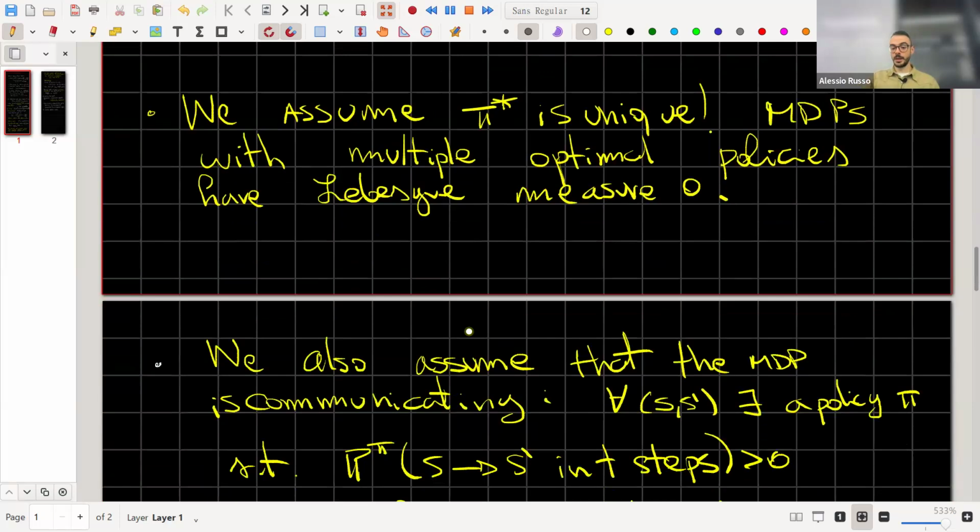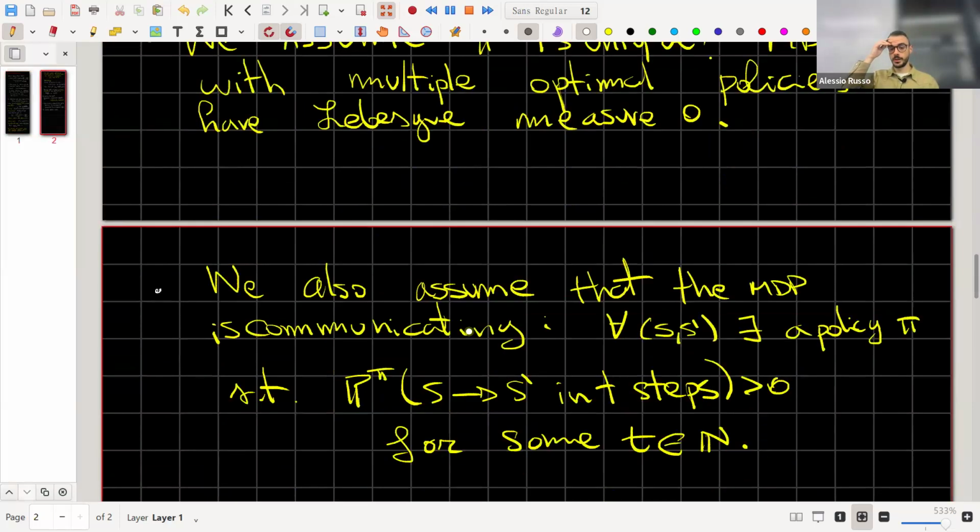And we also make the assumption that the MDP we are considering is a communicating MDP. Communicating MDPs are nice because of this property here that says that between two states, there is always a deterministic policy that allows you to go between these two states with some probability in a certain number of steps.